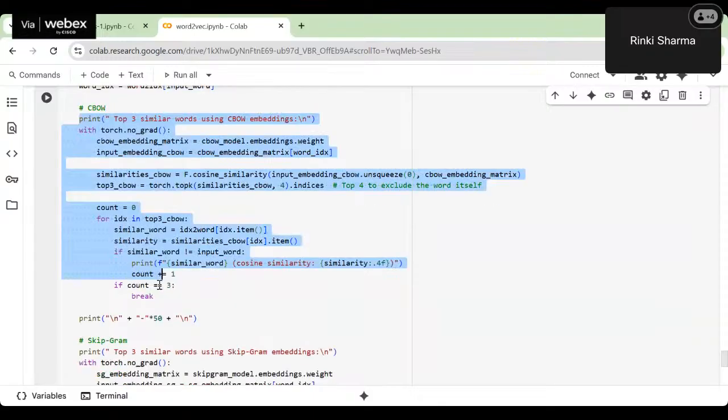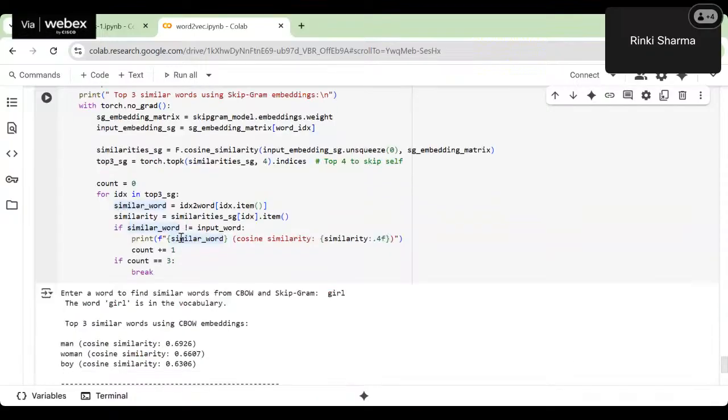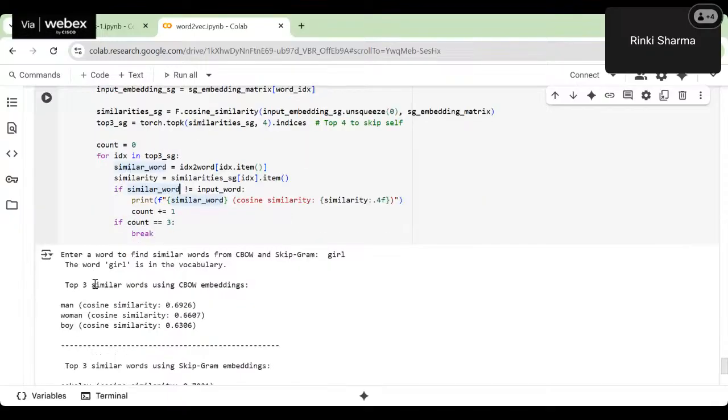When we run this code, how does the output look? It will ask us to enter a word. Suppose I have entered the word girl. The top three words using the CBOW embedding are man, boy, and woman.